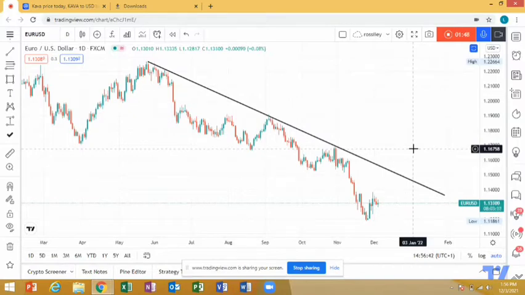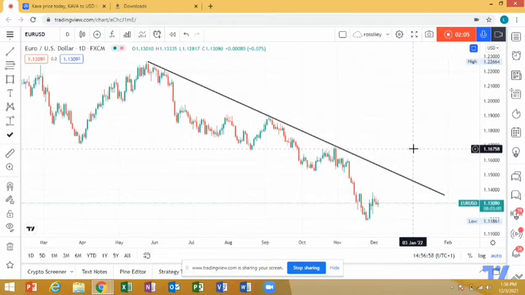There is this saying that the trend is your friend. Always trade in the direction of the trend. Don't go against it until the trend is over.